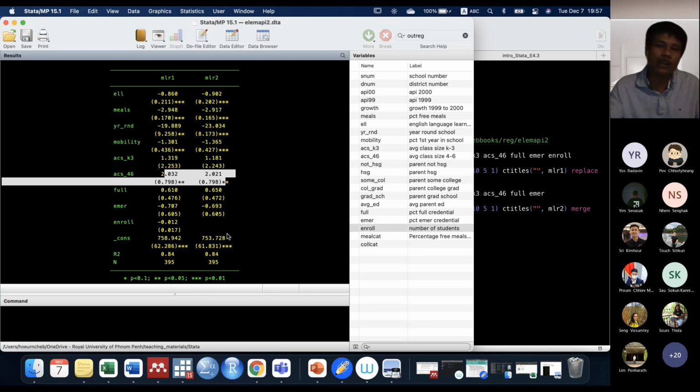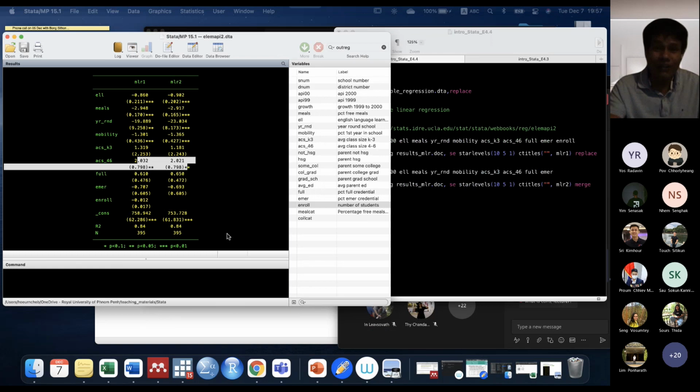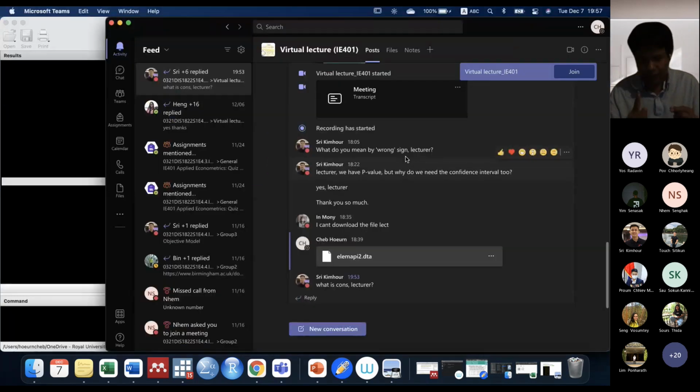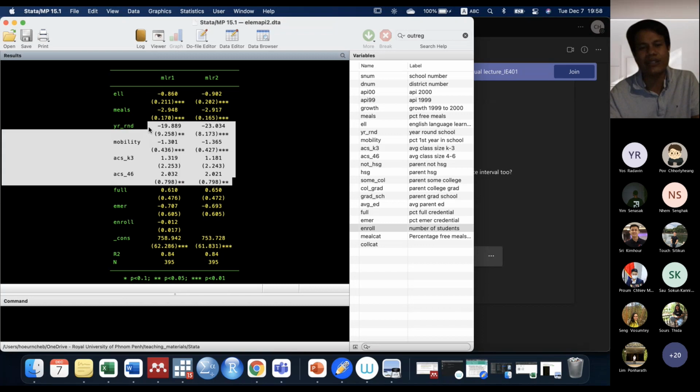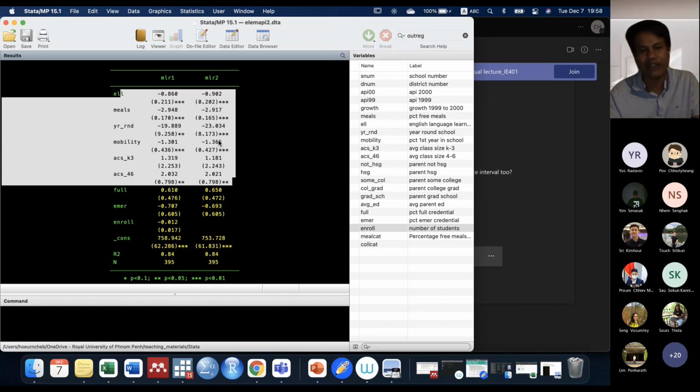So if you read any good paper, authors rarely present one table for one regression. Rarely. They often present one table for a few, 2 or 3 or 4 or 5 regression results, not just one table for one regression. That doesn't make sense. All right. But here, if you compare these two results, you still find the same significant variables and the same insignificant variables.